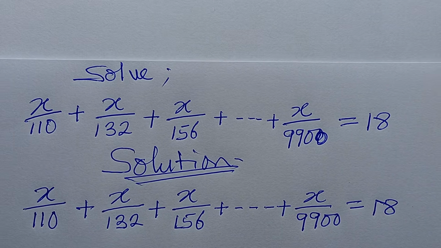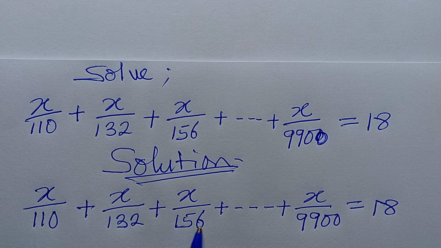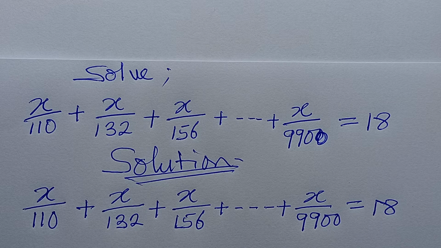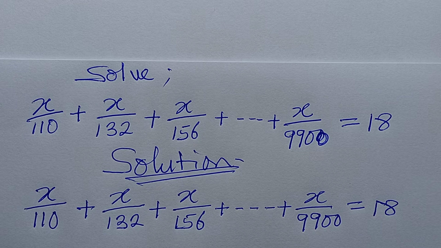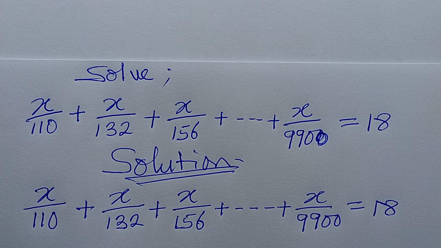So what we're going to do first here is to look at these figures we have here, and here. We think of a common factor that can divide all of them.